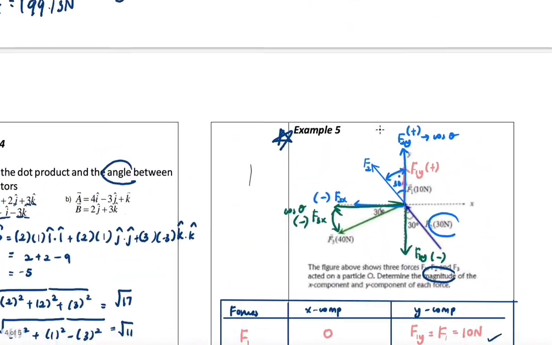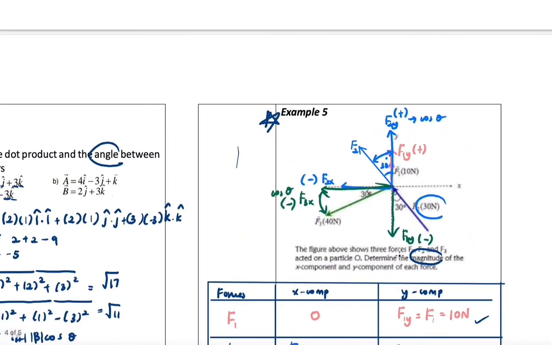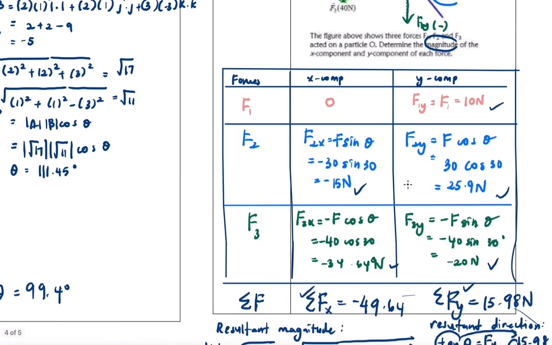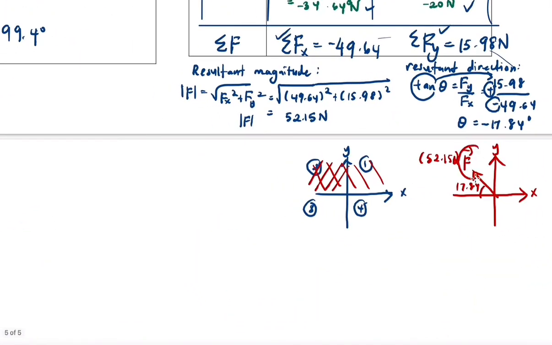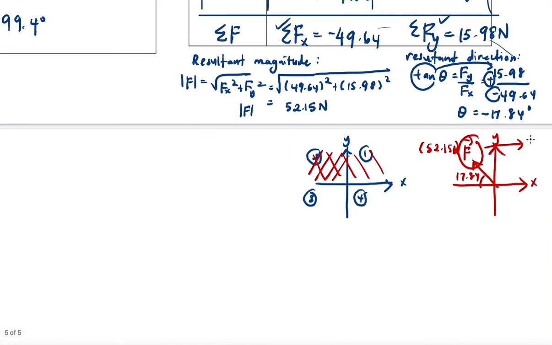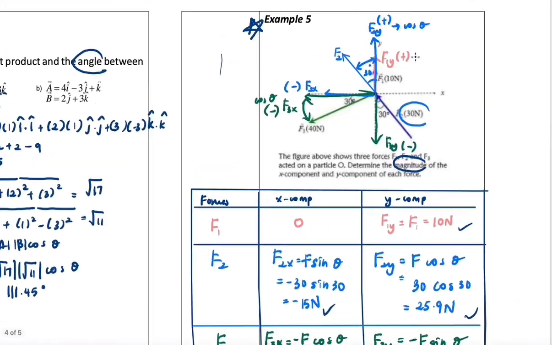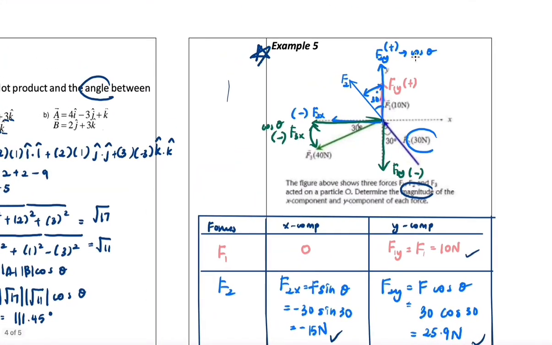Maksudnya bila kita tambah semua vektor yang ada kat sini, resultant kita berada dekat sini. This is the resultant vector punya magnitude, and this is the resultant vector punya direction. What is a resultant vector? Resultant vector is the sum of all vectors in the coordinate, sama ada x ataupun y.